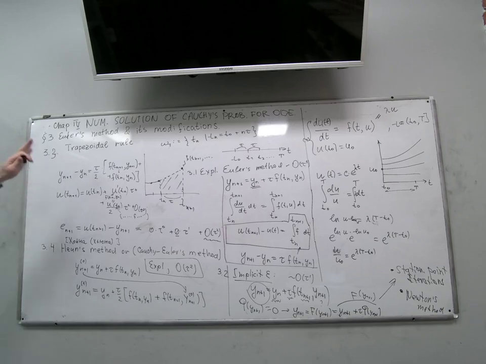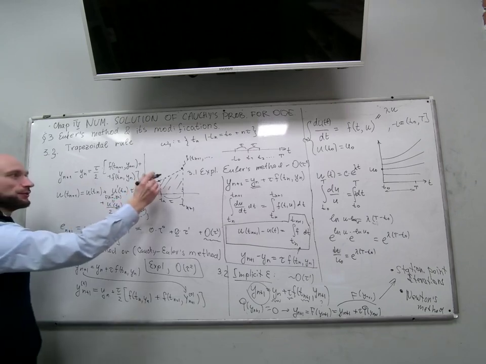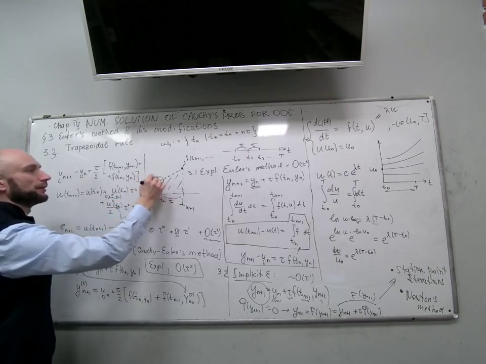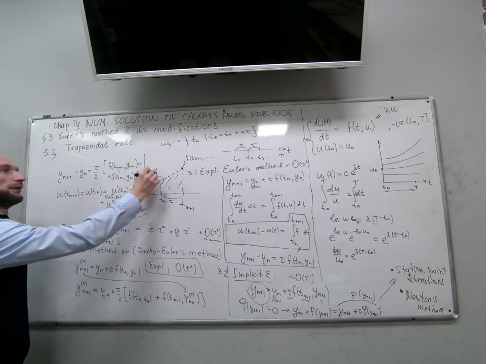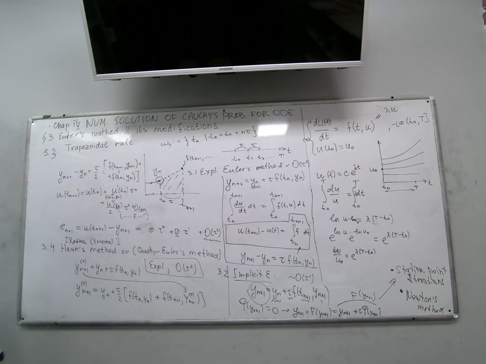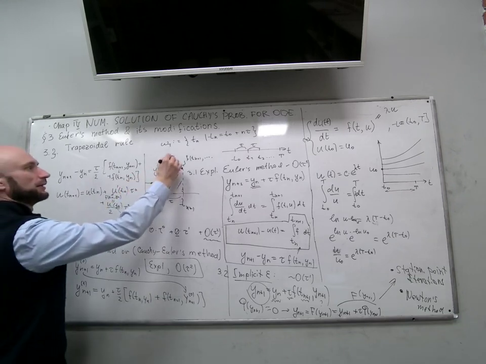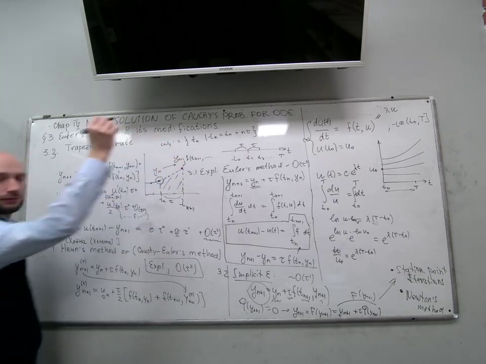So we have discussed four methods, and all of them have one common property. They use only the previous value of the approximate solution to calculate the next value.